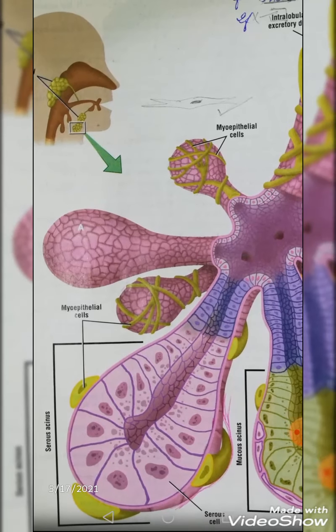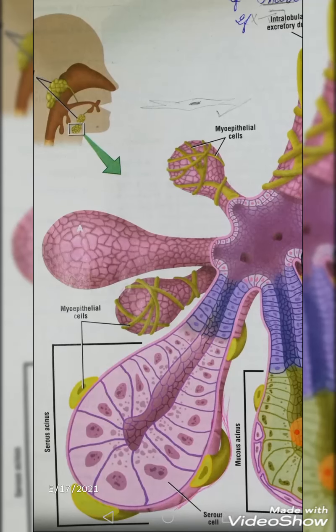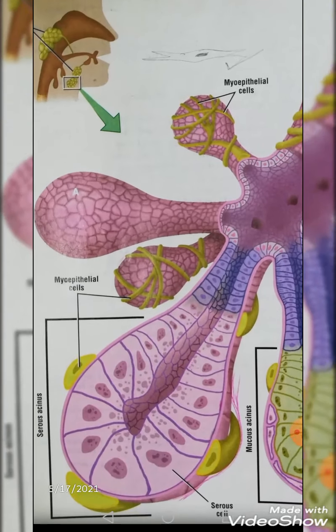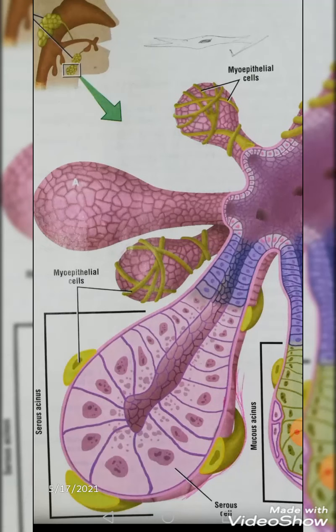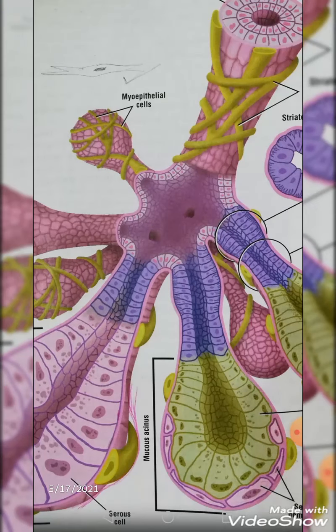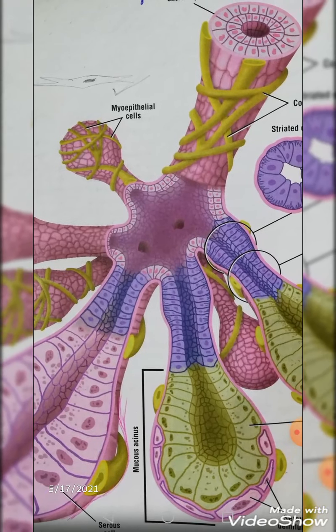Finally they lead to a duct system. The serous acini are protein secreting in nature, and the mucous acini are mucus secreting in nature. And in some salivary glands we see a mixture of these two.